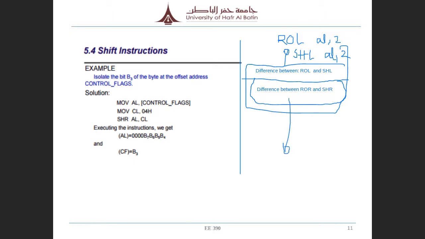And here maybe the same thing, ROR with an example, or just only the mnemonic, or only the opcode: ROR AL, 2 and SHR AL, 2. So with an example, or just ROR, what is the difference between ROR and SHR, and ROL and SHL?